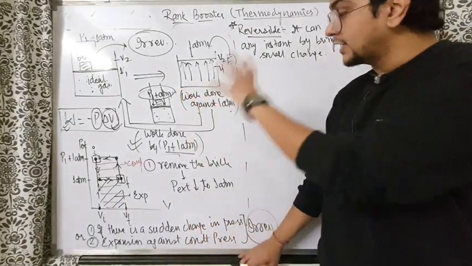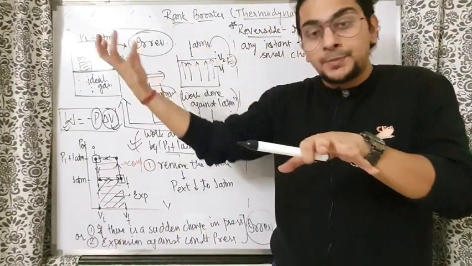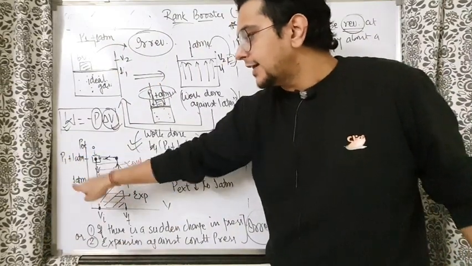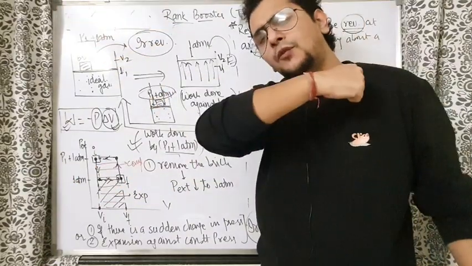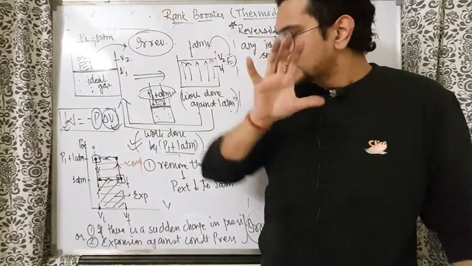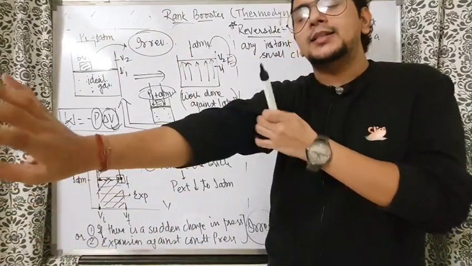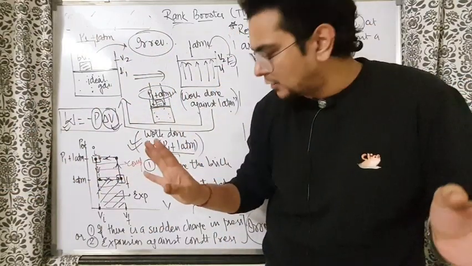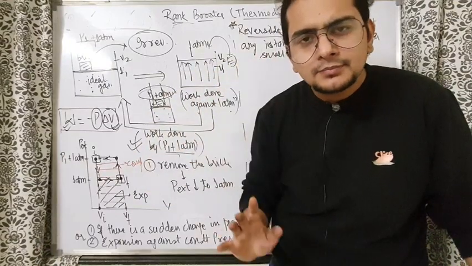You can understand these two things from here. Number one, when I remove the brick, the pressure suddenly dropped from P1 plus 1 atm to 1 atm. All of a sudden, this whole brick mass got removed, and a whole pressure got removed. So if sudden increase or sudden decrease in pressure comes in the question, 100%, you will apply irreversible.